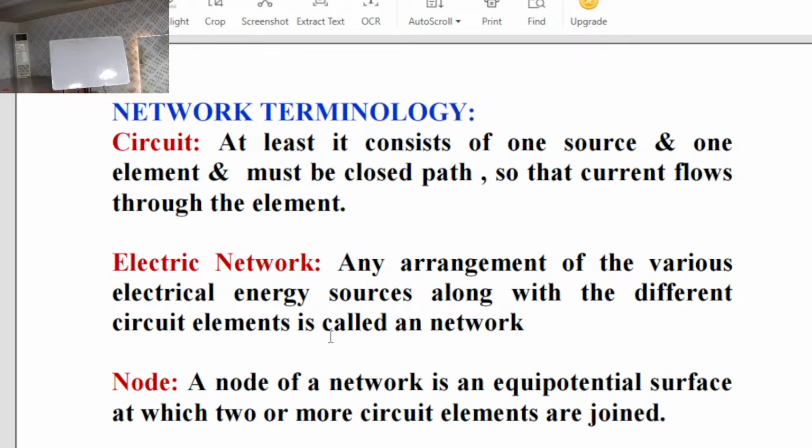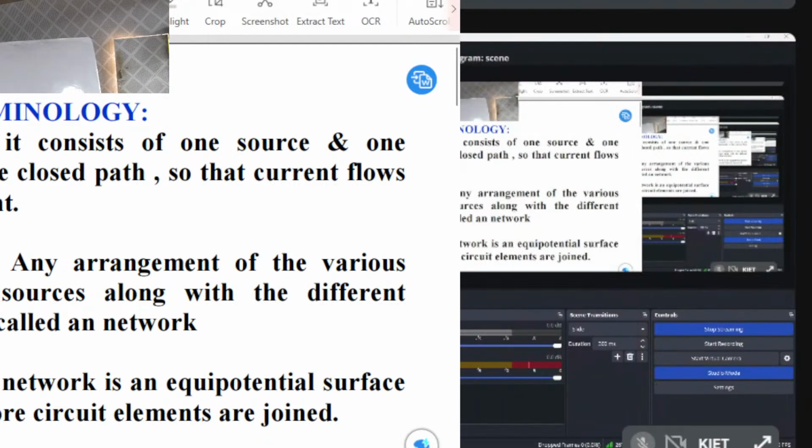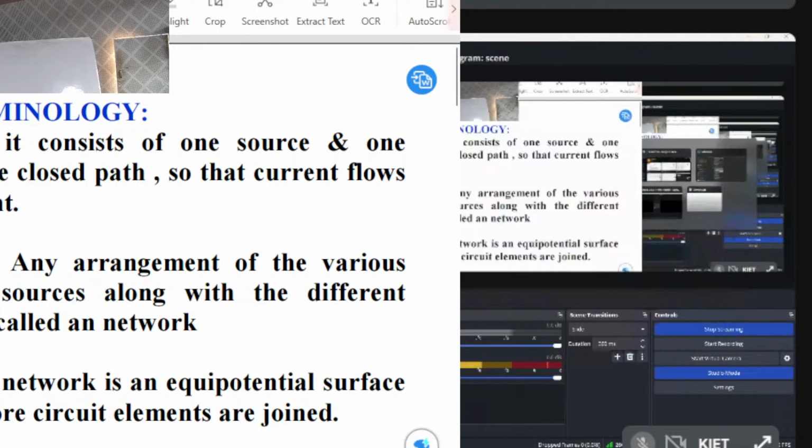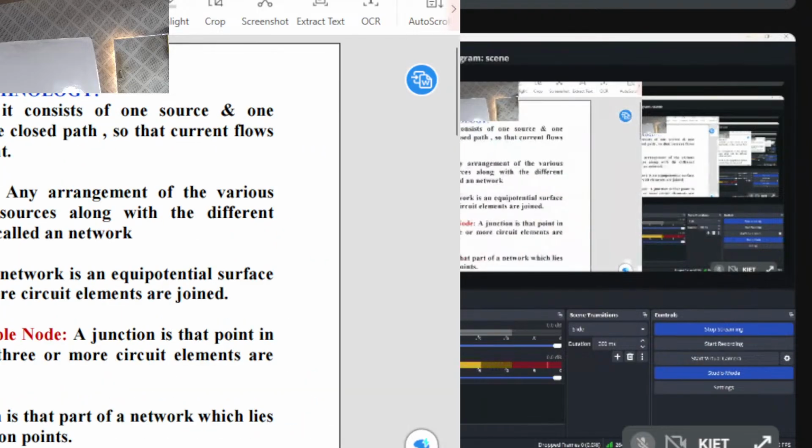Next one. First topic. Go for the first topic. PPT. Right. So these are the terms we have to read first. Understand the concept. In network terminology, I will give one circuit to you. You take any kind of circuit, complex circuit, simple circuit, any kind of electrical circuit.